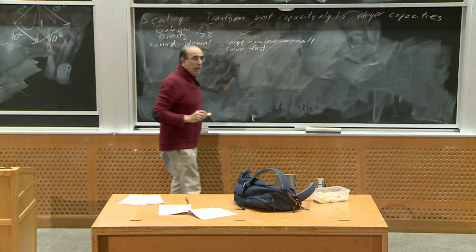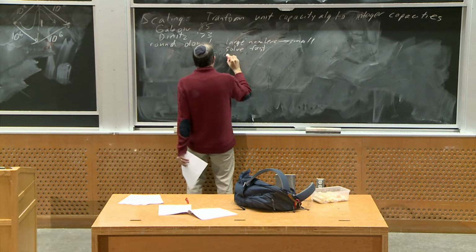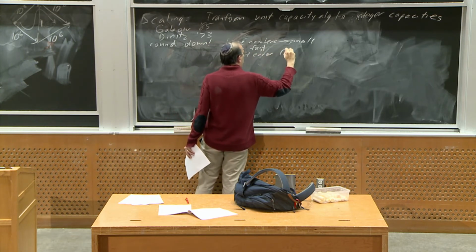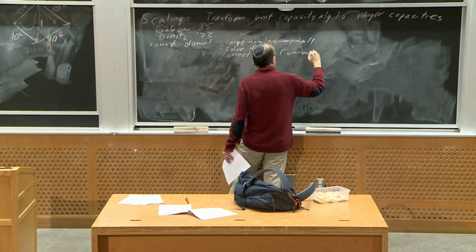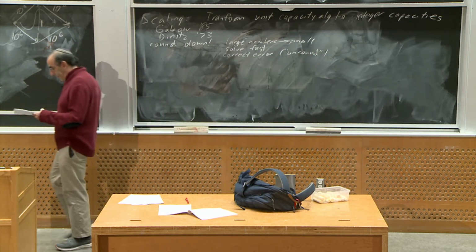Now the rounding introduces a small error, so you correct the error by unrounding the numbers. And then you have your answer.